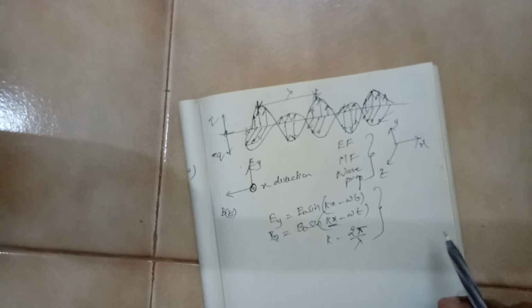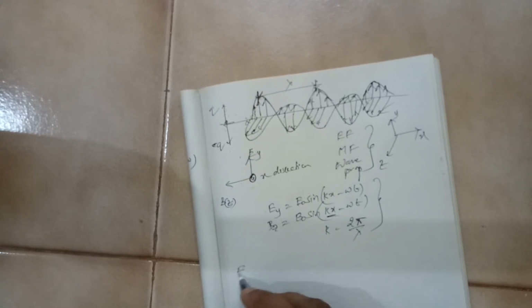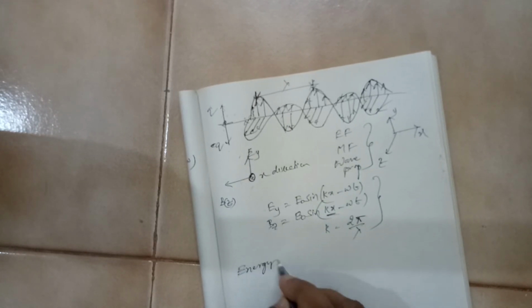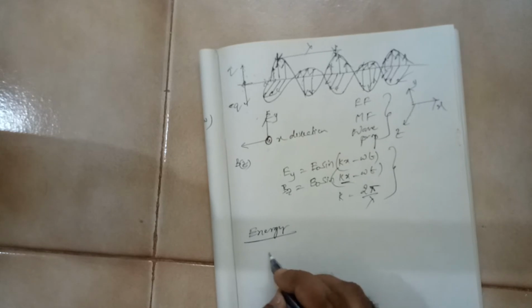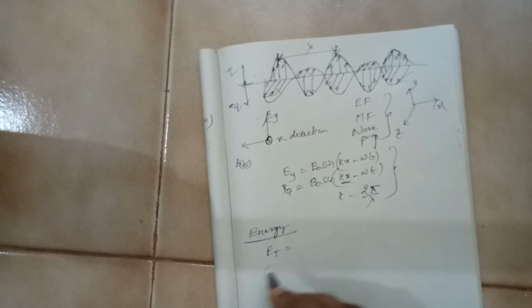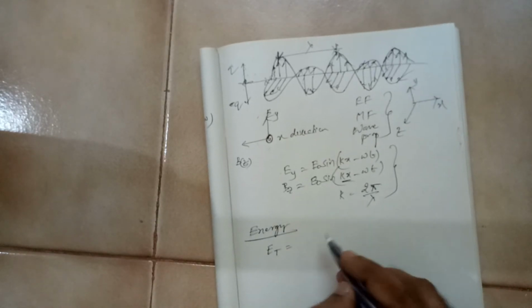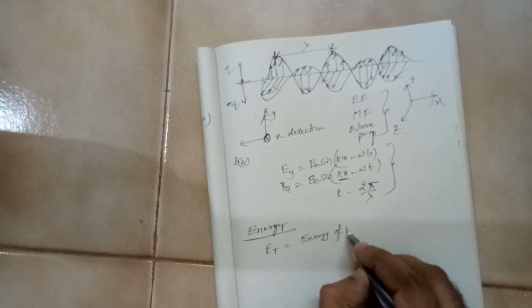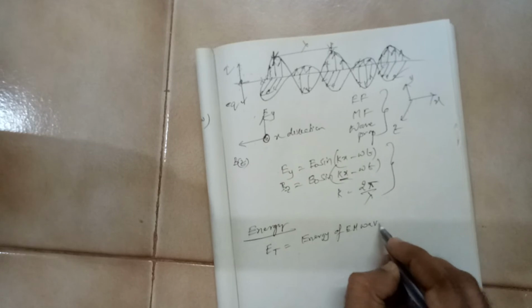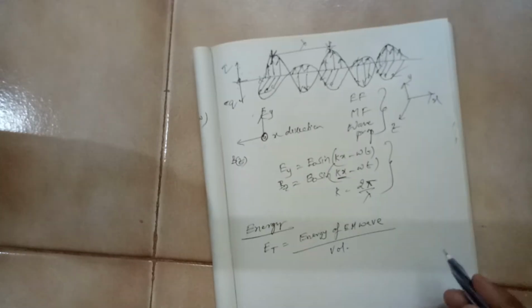The next thing would be the energy. Correct? Energy of the electromagnetic wave, because basically the purpose of electromagnetic waves is to carry energy. Now this energy is given by ET, which is the energy of the electromagnetic wave per volume.